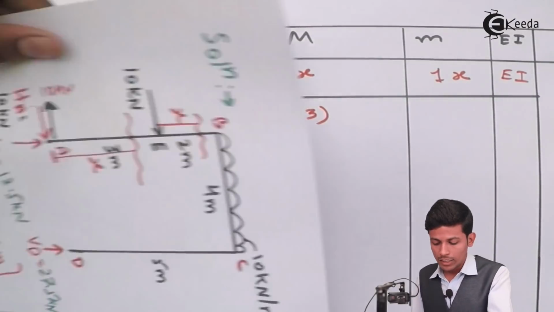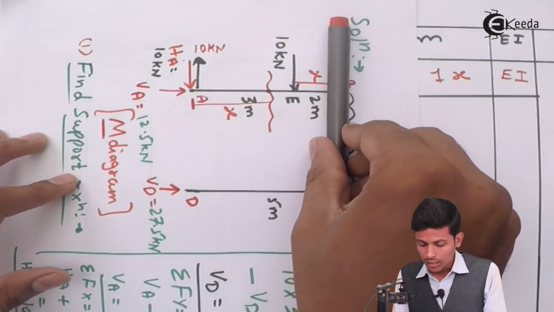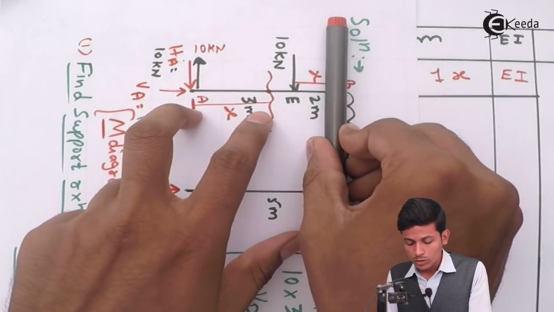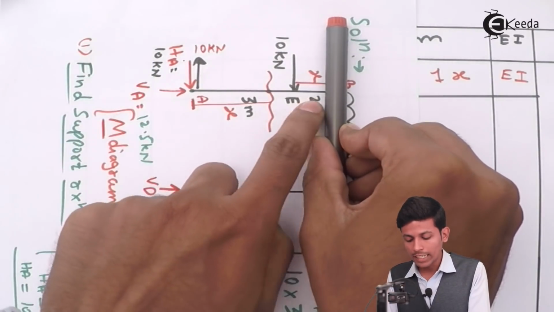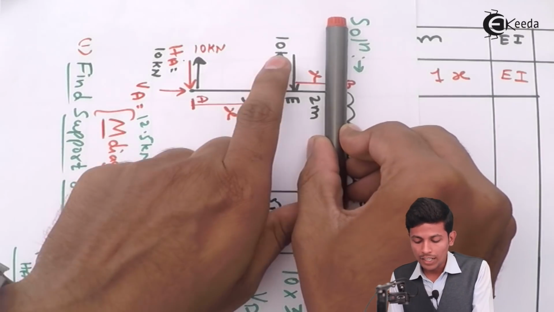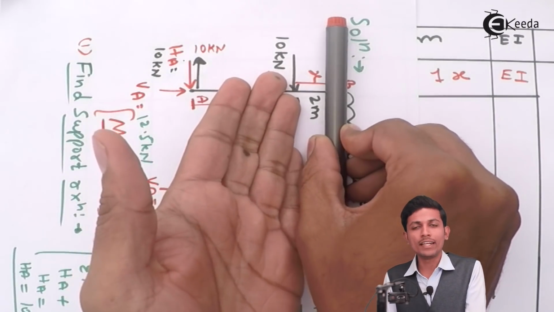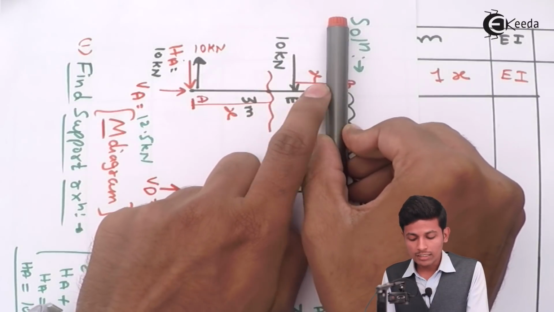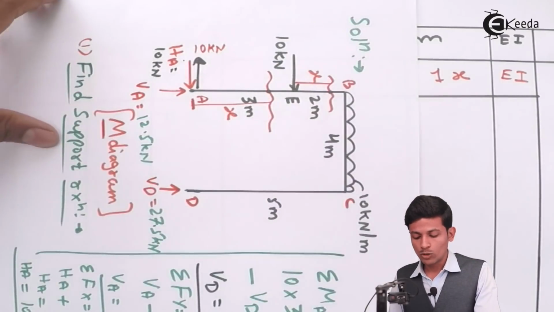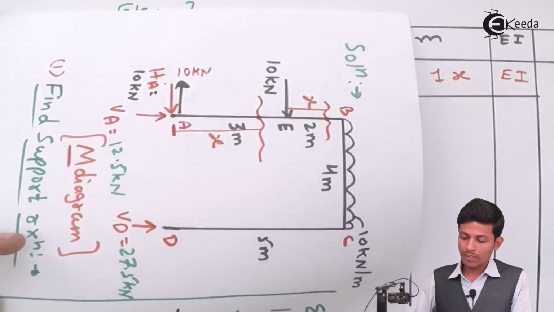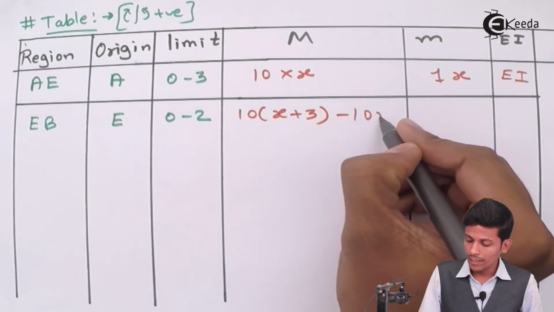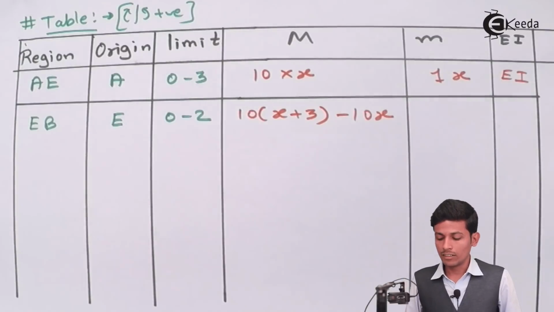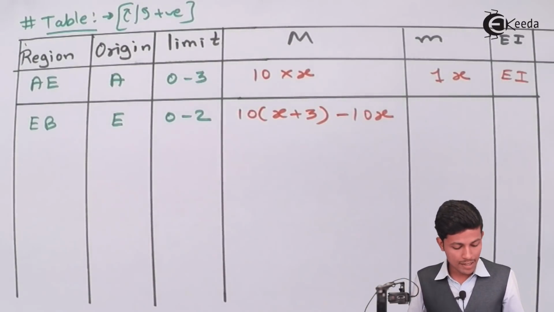Now we have done with this part. 10 into 3 plus x means x plus 3, same. Now this will go in this direction, so minus 10 into what is this distance, nothing but x, so minus 10 into x.